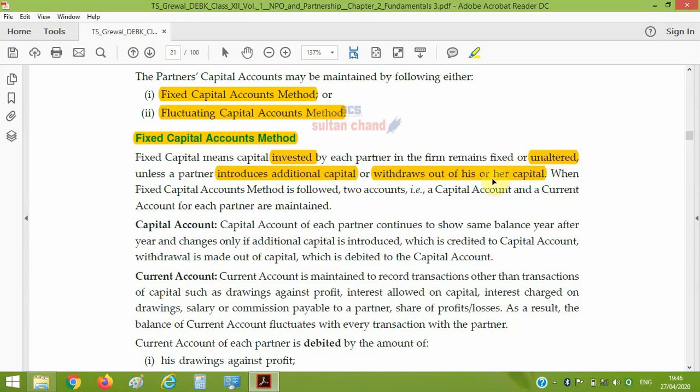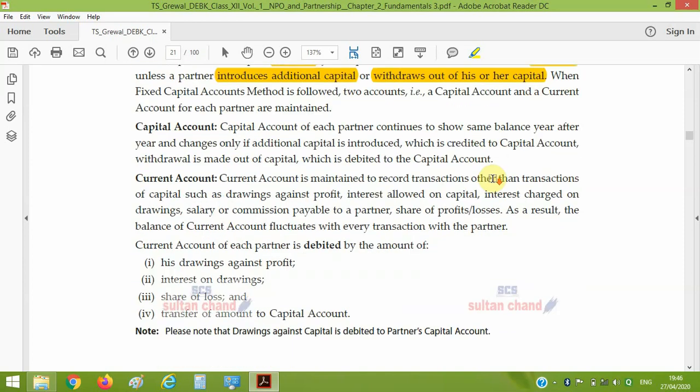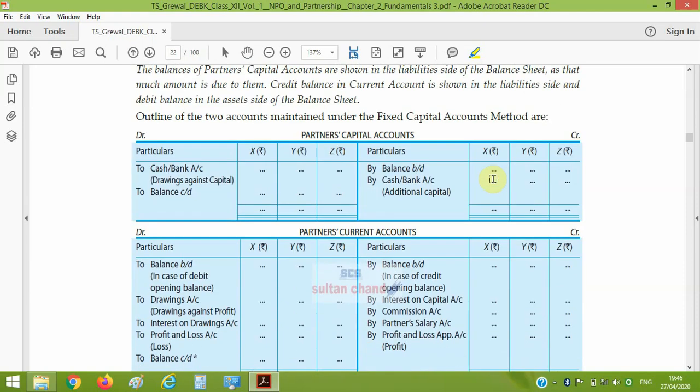Let's understand this with a format. Here's the format: partners' capital account starting with balance brought down of each partner, balance of X, balance of Y, and balance of Z. If any partner introduces capital by cash, the entry will be bank or cash account debit to the concerned partner's capital account.